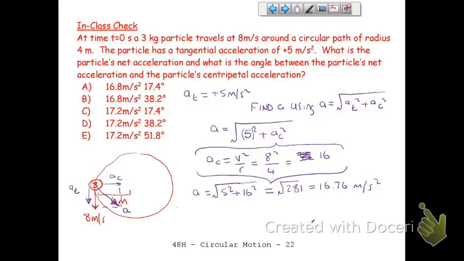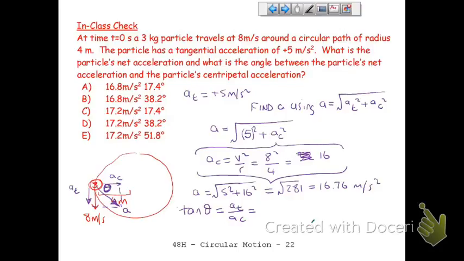And then what's the angle? It wants the angle for the particle's centripetal acceleration. So tan theta is equal to opposite, which is AT over AC.